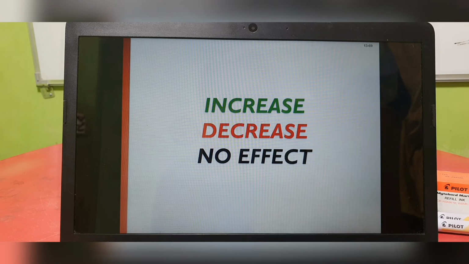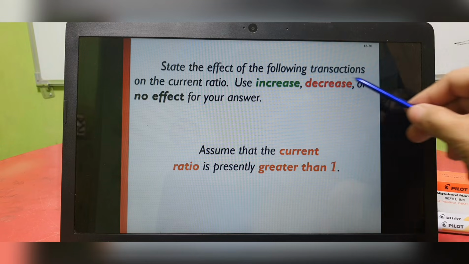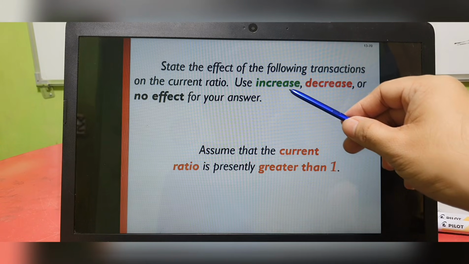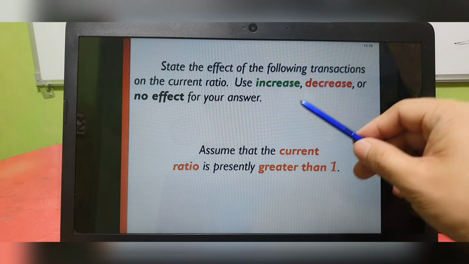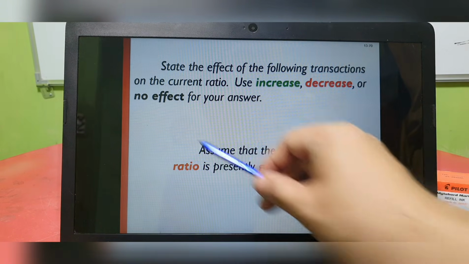Now, let's have an exercise. We call it increase, decrease, or no effect. What we will do is state the effect of the transactions. I listed down 10 transactions, and you have to tell me if our current ratio will increase, decrease, or have no effect.